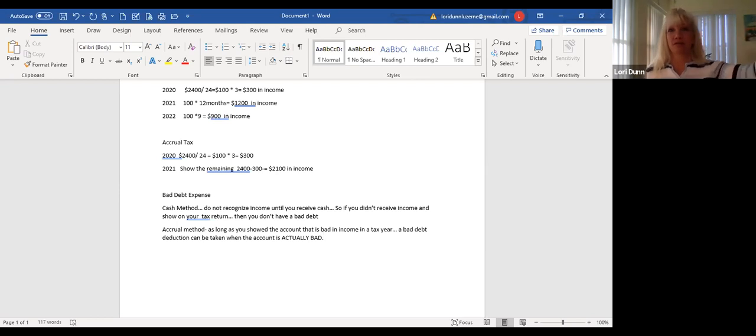So if you remember in intermediate accounting, we're going to be talking about it today, but in financial accounting, we estimate for bad debts and we record them as an expense, not when they happen, but in the year we make the sales. No estimating in taxes. Taxes says no bad debt expense until you know you're not getting that money and it's an actual bad debt. And above and beyond that, you had to have shown that sale as income on your tax return. So essentially, bad debt expense will cancel out the income, so it's not taxed. And that's how we deal with bad debt expense.